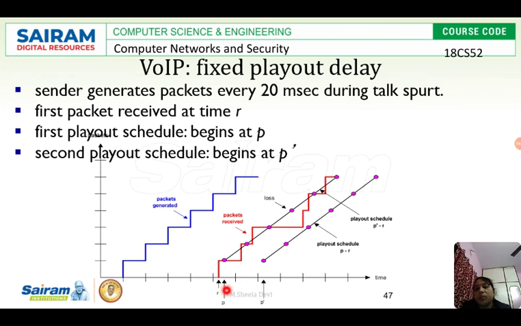Here the playout and the reception time is very less. If I increase my playout time to 5:10, then the received time was 5 and the playout time is 5:10. Then the duration I am waiting for buffering is 10 minutes.